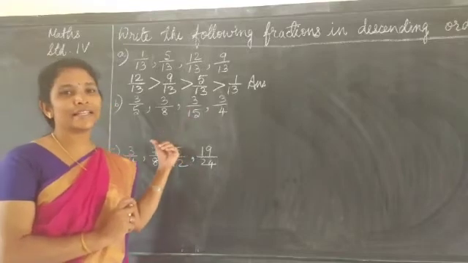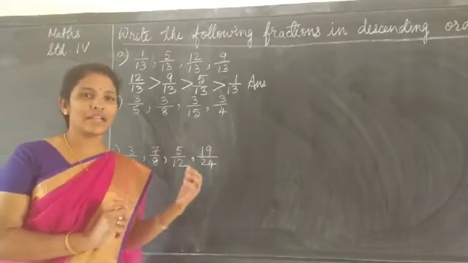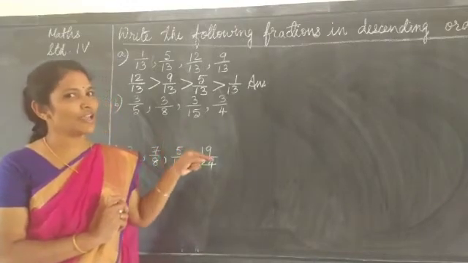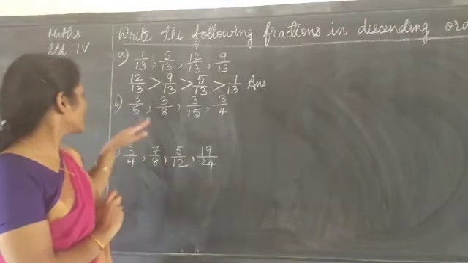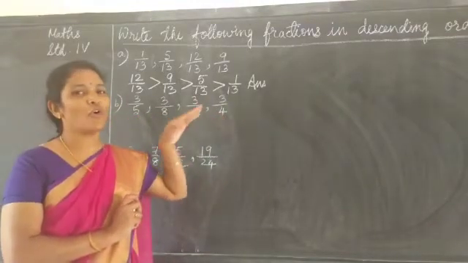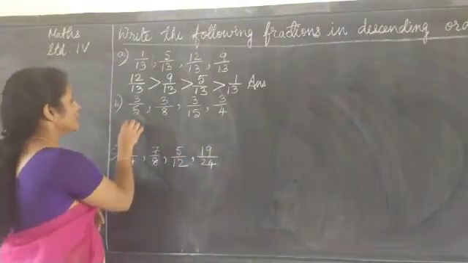When you write in descending order, which fraction do we have to write first? We have to write the greatest fraction. Greatest fraction means smallest denominator. We can see here 5, 8, 15, 4, which is the smallest denominator? 4 is the smallest denominator.